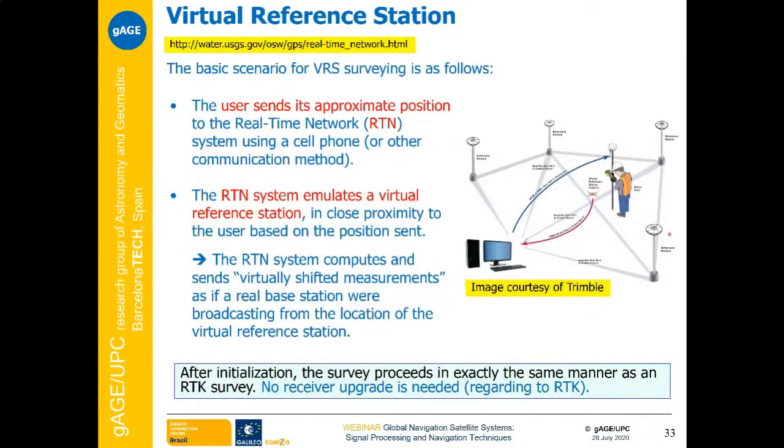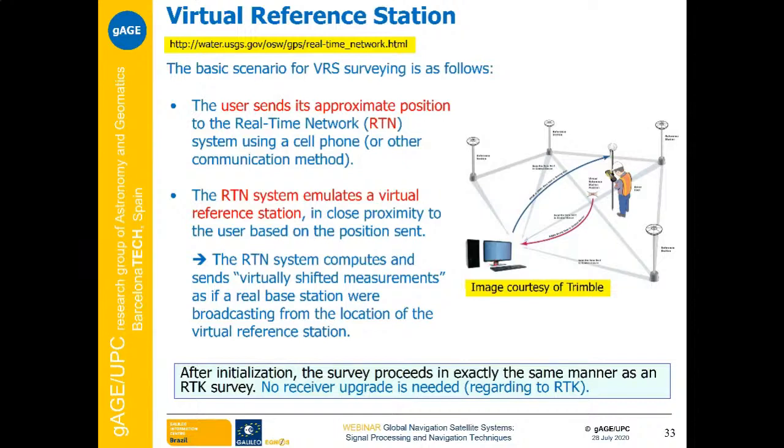This means the way of operation is the user goes to the operation region, the working area. When the user is in the working area, he computes an approximate value of his coordinates, which can be computed using only code. It is not necessary to have a precise value for the coordinates. He then sends his coordinates to the central processing facility.